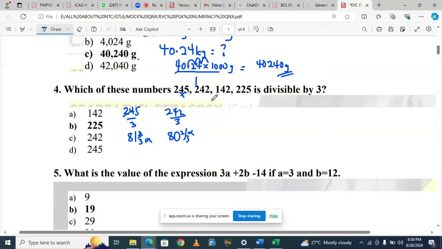Now the next number is 142. So 142 divided by 3. 3 into 14 is 4, remainder 2.